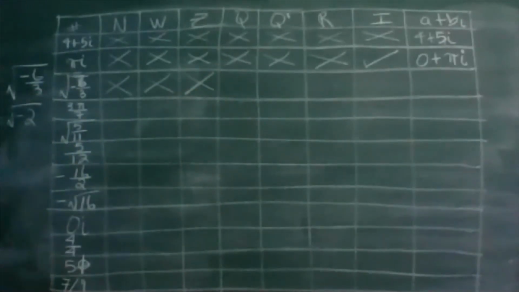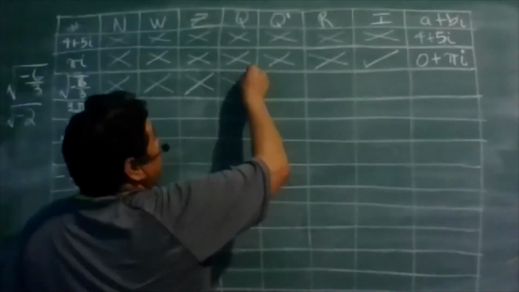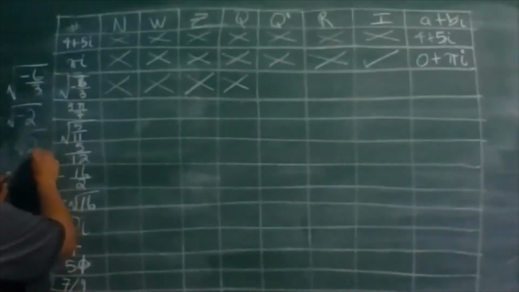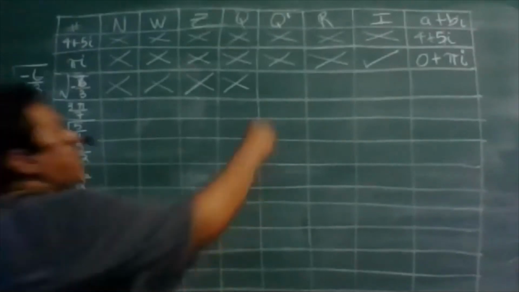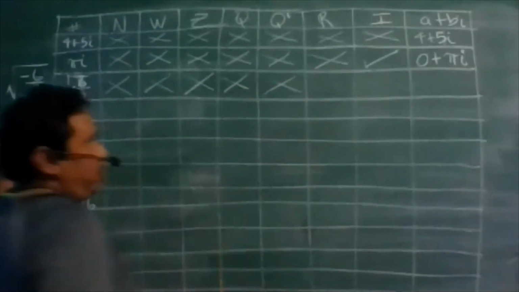If it is not an integer, it more than likely is not rational. Is it irrational? In reality, if it would have been the root of 2, it would have been irrational. But because there's a negative inside, then it is not irrational.